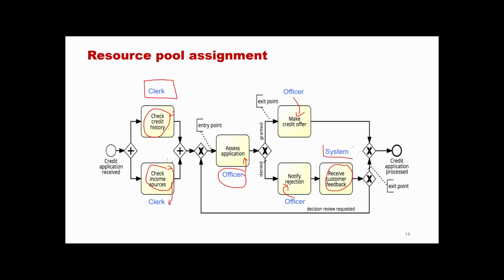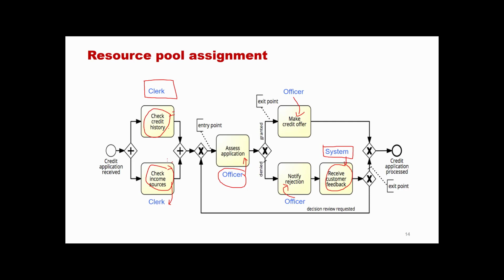Therefore, I will assign it to a special resource pool that I will call the system. And this resource pool is not going to play any significant role in the simulation, because the tasks that the system performs are instantaneous. And therefore, they do not affect the cycle times, nor the waiting times, nor anything.